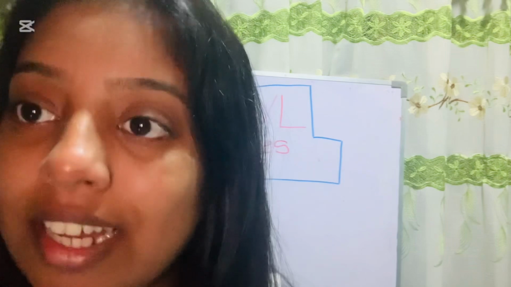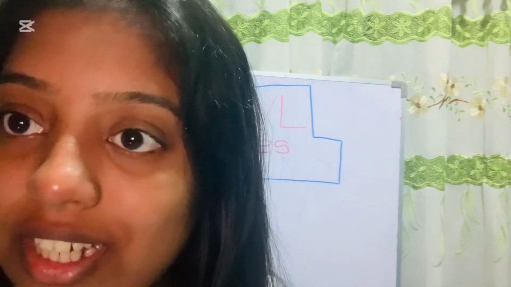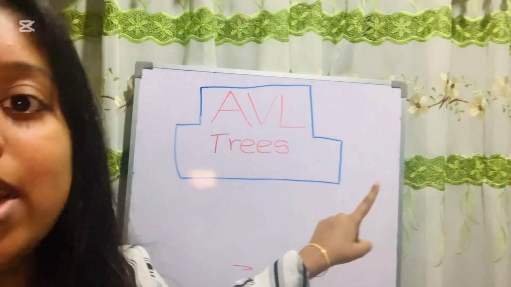Today we are diving into one of the most fascinating topics in data structures, AVL trees. Ever wondered what happens if a binary search tree becomes unbalanced? Well, we make the self-balancing superheroes in the tree world.